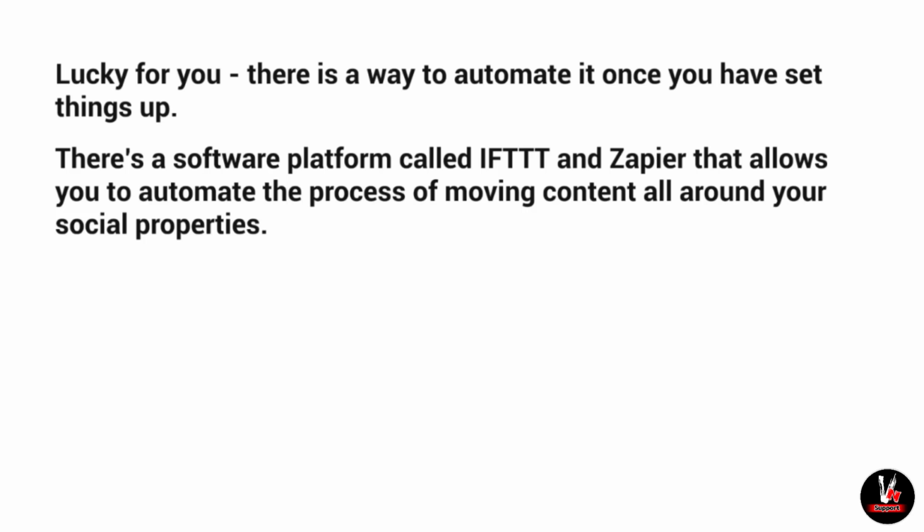Now, there's a software platform called IFTTT, and there's another one called Zapier.com that allows you to automate the process of moving content all around your social properties. So you can take a YouTube video and have it pushed to your WordPress site, and by pushed I mean have it embedded on your WordPress site and then have it shared on your Facebook fan page, your Twitter page, your Instagram, and all of that.